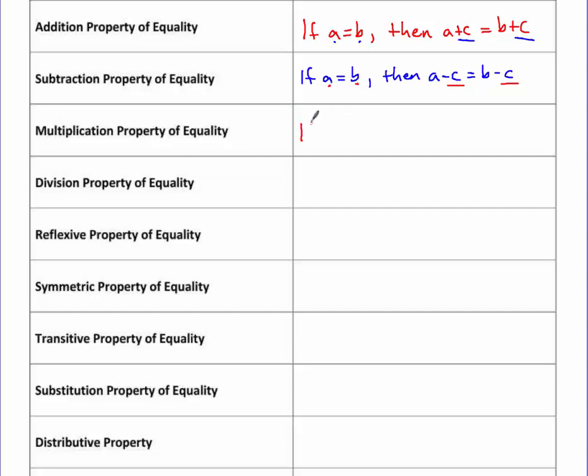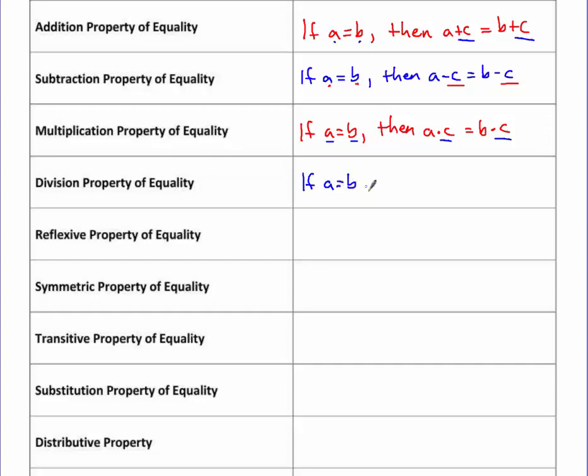Multiplication property of equality. If A equals B, then A times C equals B times C. Again, with both sides of the equal sign, you can multiply both sides by the same thing. Division property.